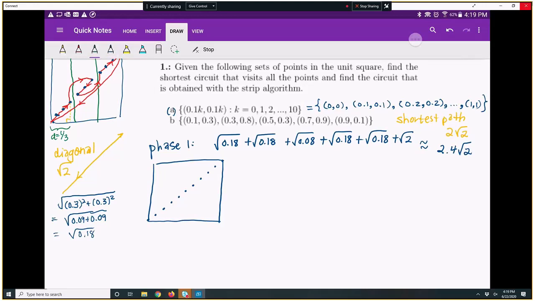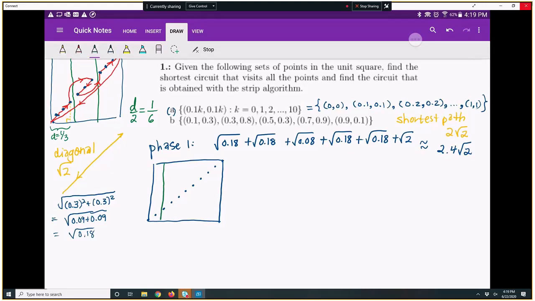Now the second phase of the strip algorithm tells me that I'm going to shift the columns to the left by half of d. So half of d, d over 2, is 1 over 6. So that's going to be something like this.